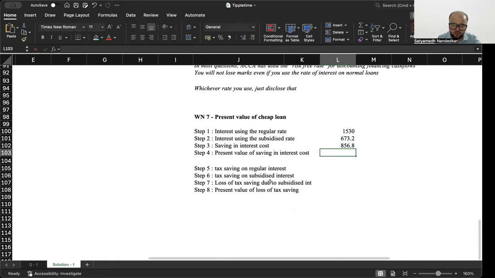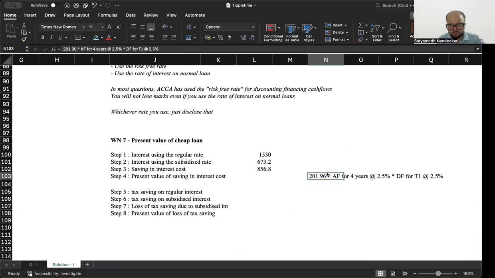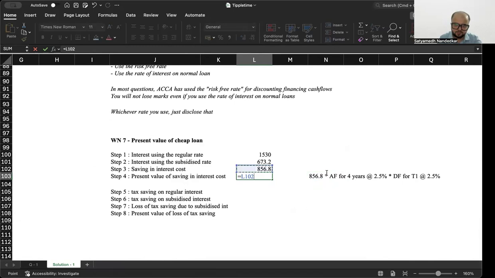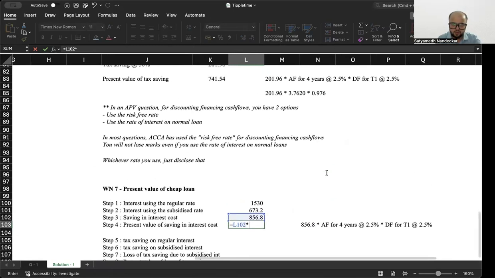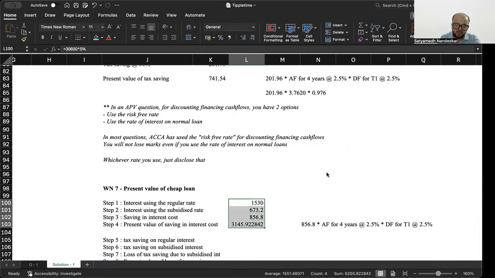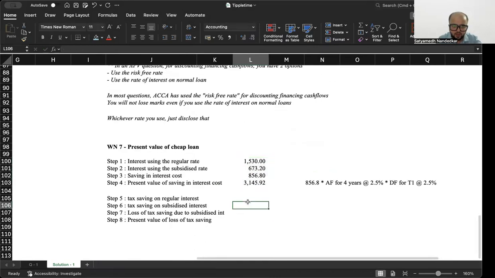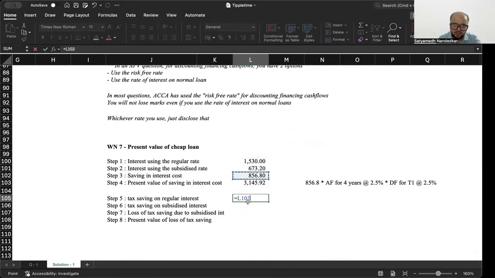What is the present value of saving? Again, same approach that you chose here. 856.8 into 3.762 into 0.976. Okay, you get the present value of saving of interest cost, which is 3145.92. What is tax saving on regular interest?